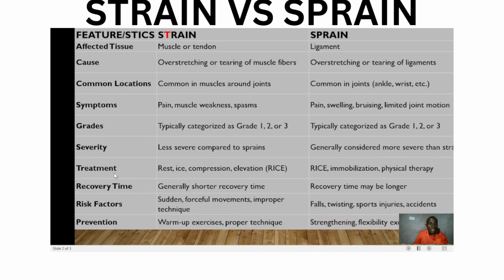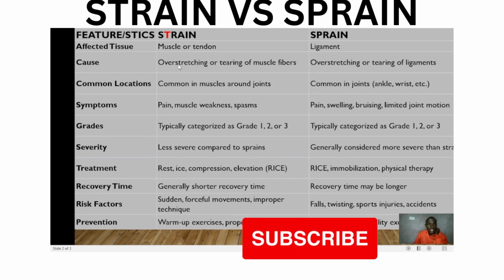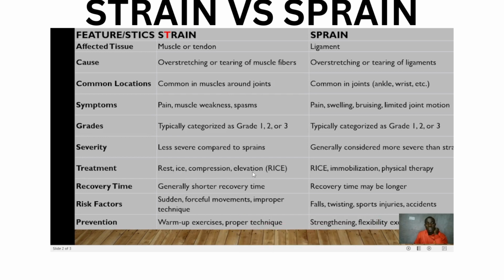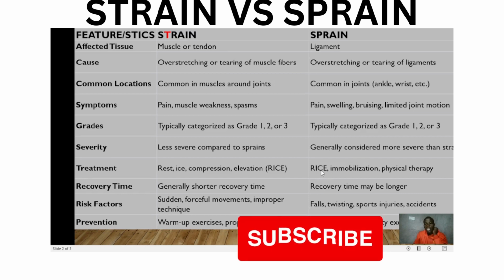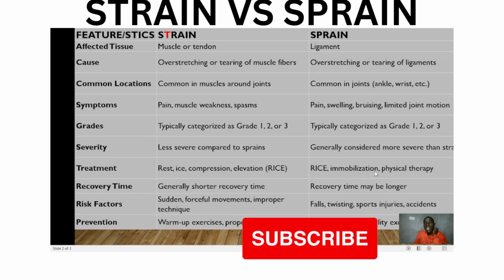In terms of treatment, for the strains, we can have the rest, ice, compression, and elevation. We use RICE to treat the strain. But for the sprain, which are more severe, we shall need RICE together with immobilization and physical therapy.